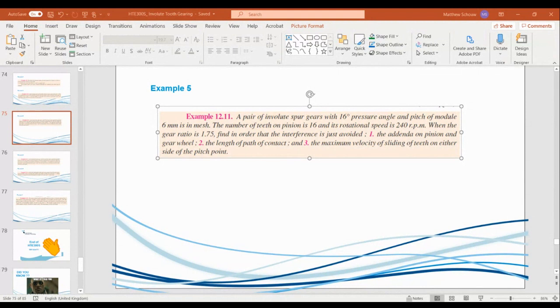Guys, again, do all the examples. Go over them. It's straightforward, really. All they're asking is maximum sliding velocity, you know, all the usual stuff. Contact ratio.